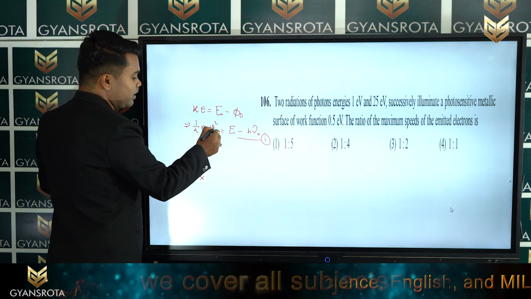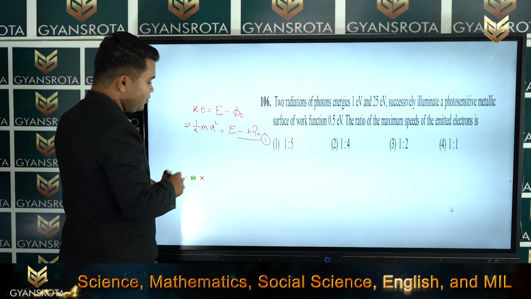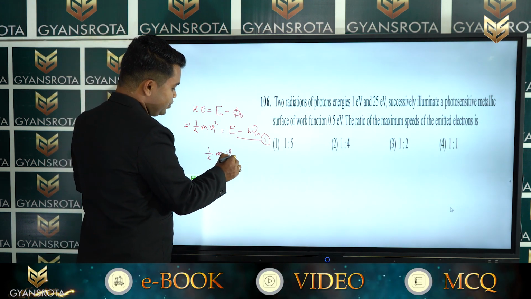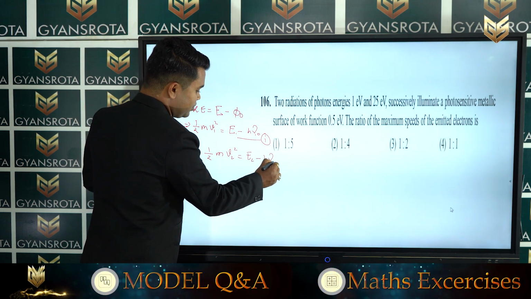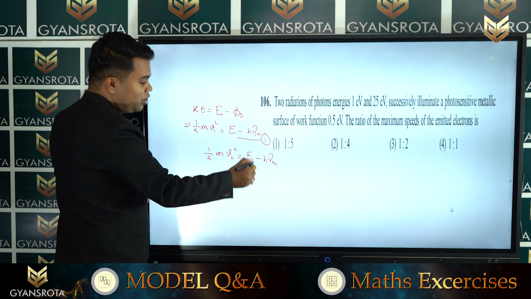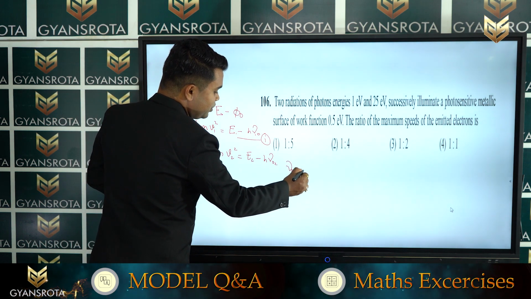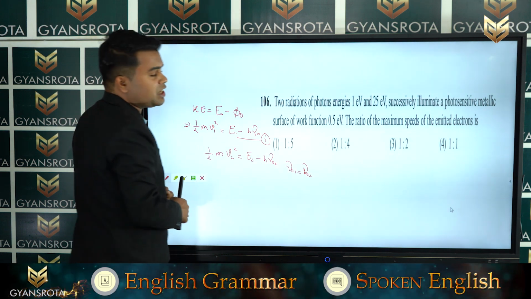This is for m v1 and this is for h nu naught 1. For the next one you will be taking half m v2 square, which will be equal to E2 minus h nu naught 2. But h nu naught 1 will be equal to h nu naught 2 because the work function is the same.